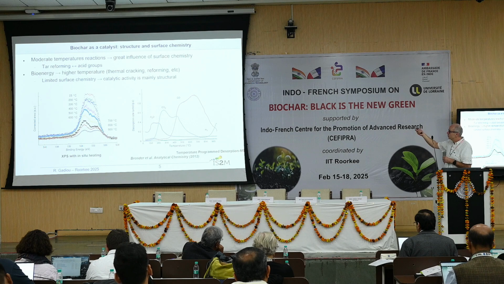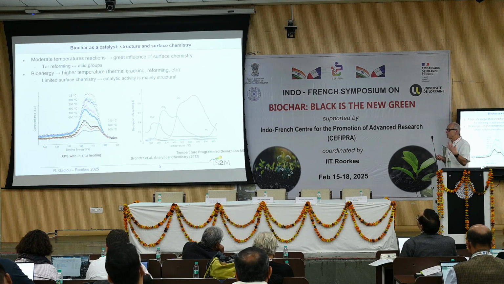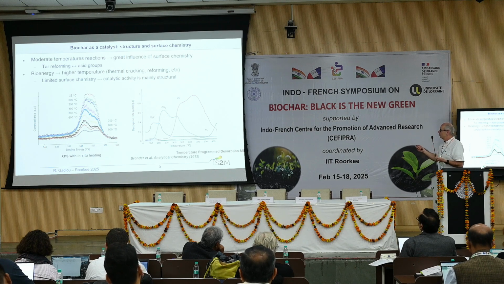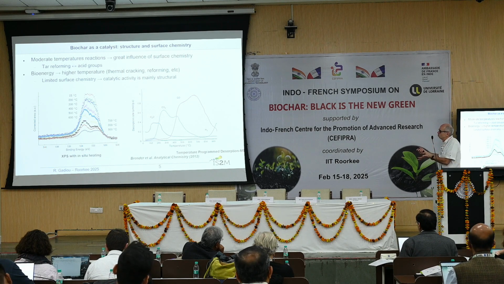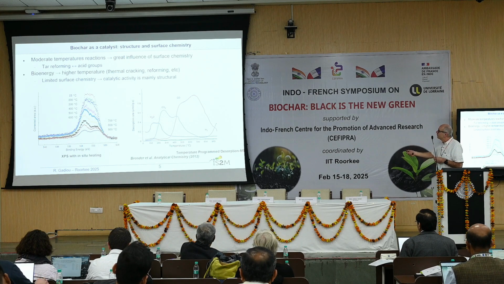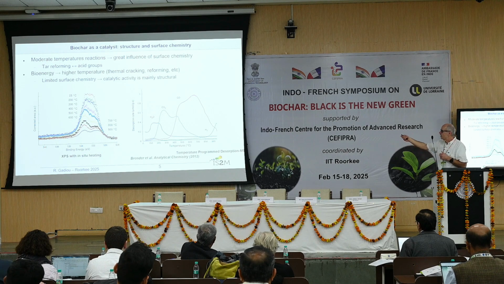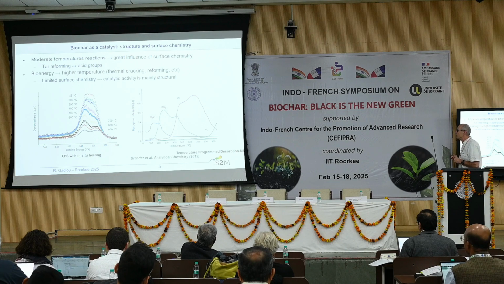For example, with moderate temperature reactions, pyroforming, water gas shift reaction, you may have to work at 300 or 400 Celsius degrees, maybe lower, and then you will have a rich surface chemistry with acid groups and many oxygen-containing compounds.